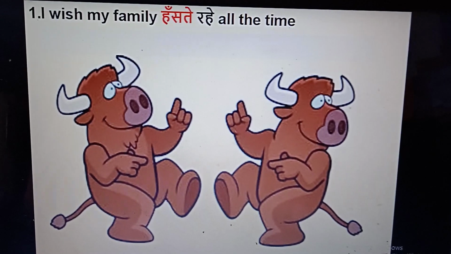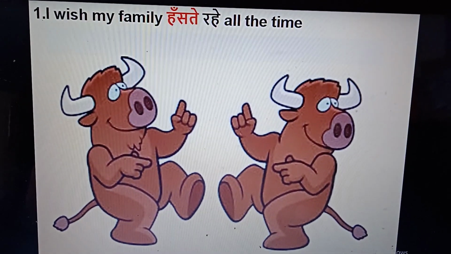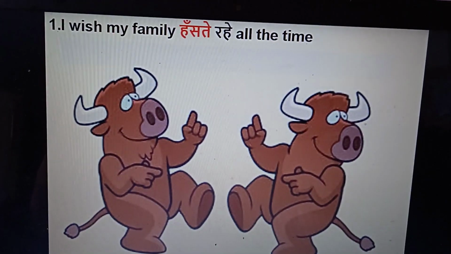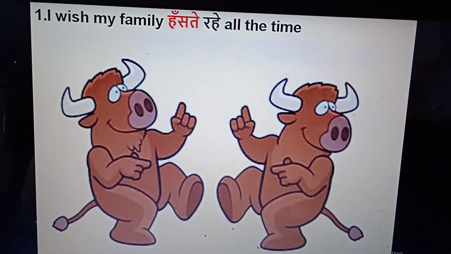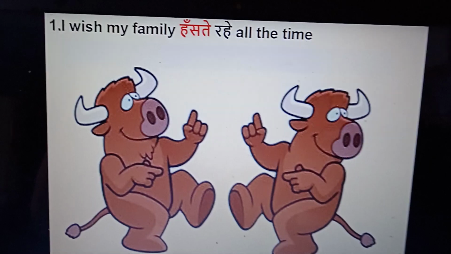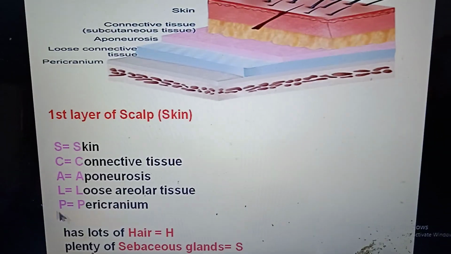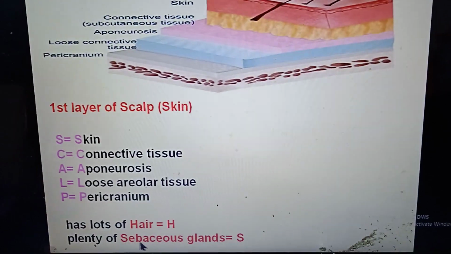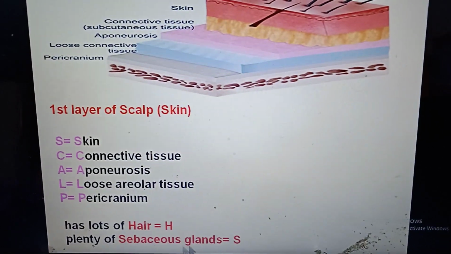That buffalo is telling his wishes. That first wish is, I wish my family हंसते रहे all the time. हंसते रहे. H for hair, S for sebaceous glands.